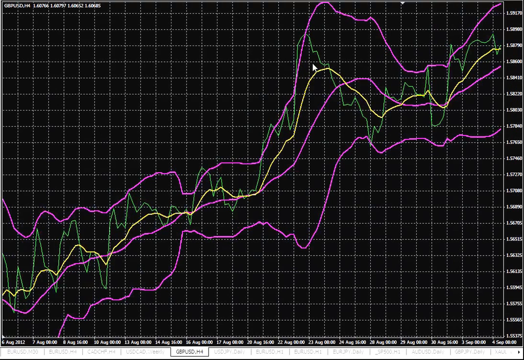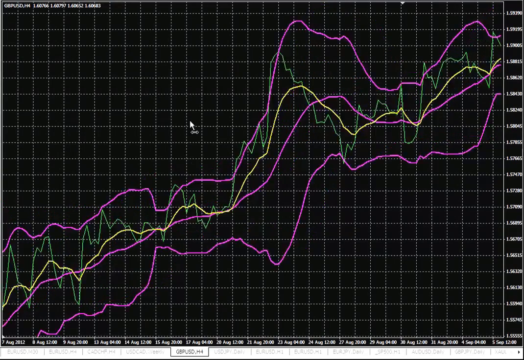The same holds true for previous price moves. You see? So even if the price was forming swing lows below the 20 SMA and the yellow line, the 10 EMA, it was entering again the tunnel.